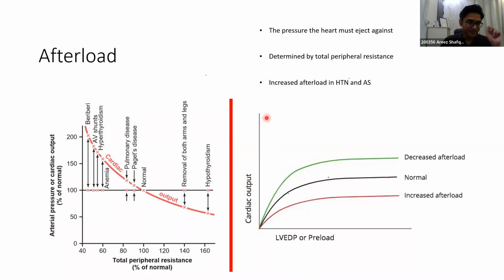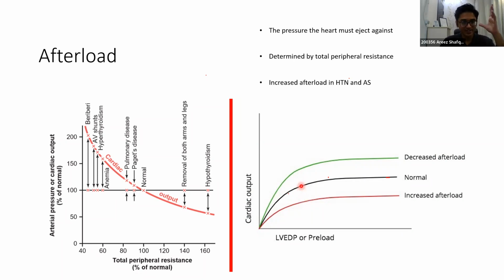Contractility and afterload are different. They will shift the curve. If I increase contractility, I will increase cardiac output, but I won't touch preload. If I decrease contractility, I will shift the curve down here. I won't change preload, but I will change cardiac output. The same with afterload.